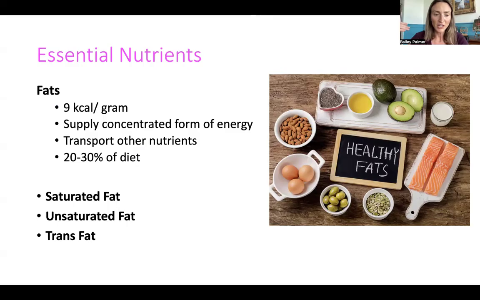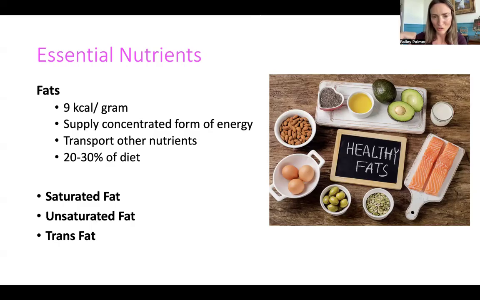The difference between saturated, unsaturated, and trans fats really just has to do with the hydrogen bonds contained in the actual fat structure, which I will not get into, but we classify them as healthy and unhealthy. Trans fats have actually been eliminated out of the foods that we consume, in products like processed foods. They have been banned by the FDA, so there's no longer added trans fats.